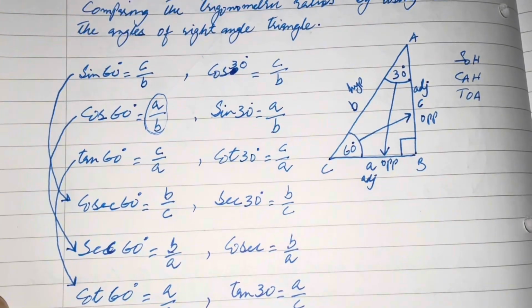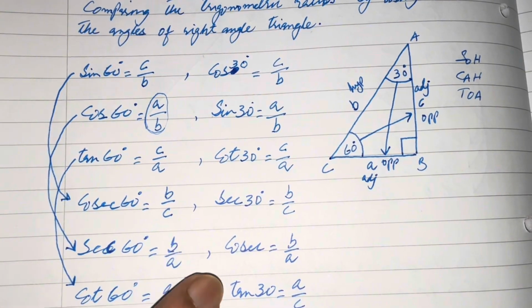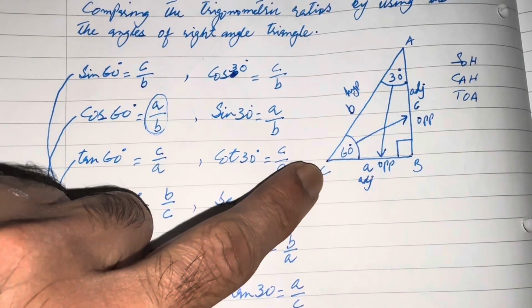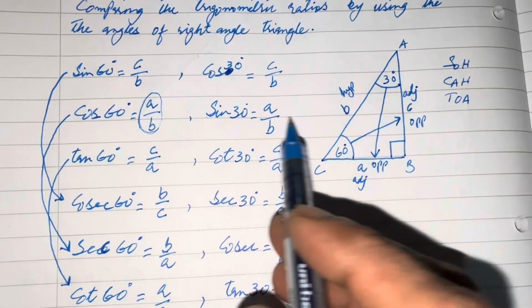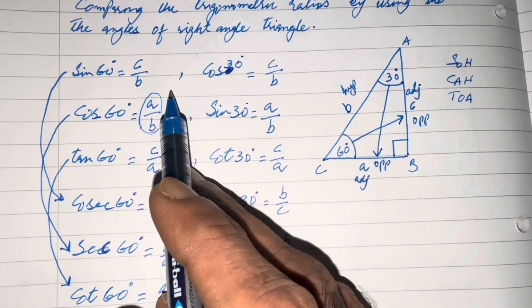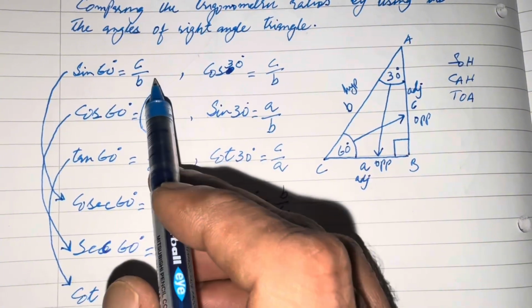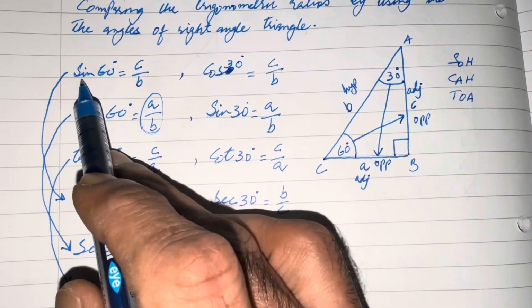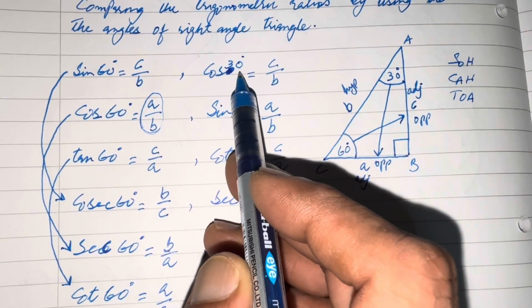So these are the two side-by-side ratios that we have found with respect to angle 60 and 30. So let's see what we are going to find. We are going to compare the trigonometric ratios with respect to angle 60 and angle 30. So sine 60 will be equal to cos 30.